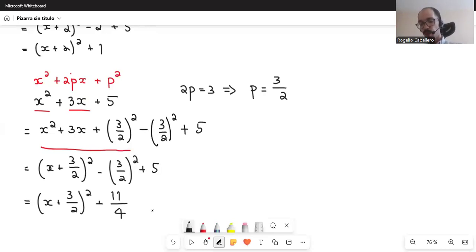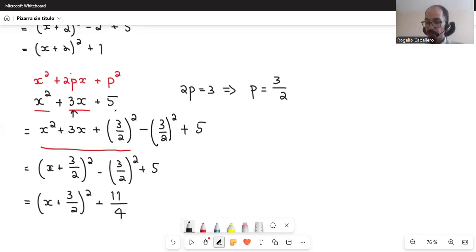So one last remark. Just look how ugly the final answer is. And that's because we have these two fractions, 3 over 2 and 11 fourths, which in turn are the result of dividing this coefficient 3, which is an odd number, by 2. So don't be alarmed if that happens.